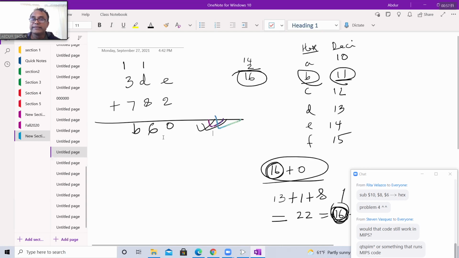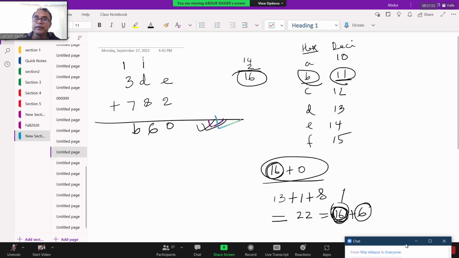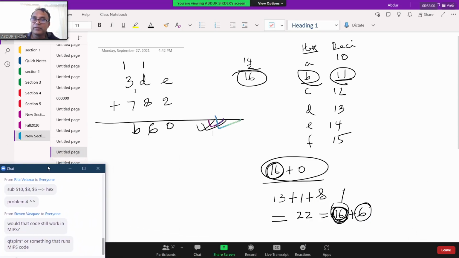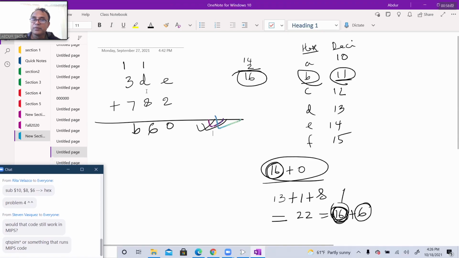When you get a total of 16, you put 0 there and carry 1 to the next digit, and then add the whole thing. In this case it was 22, I think, so 16 plus 6 is 22. You put the 6 there and carry 1 for the next number. So 3 plus 7 plus the carry is 11, and 11 is B. That's hexadecimal addition.